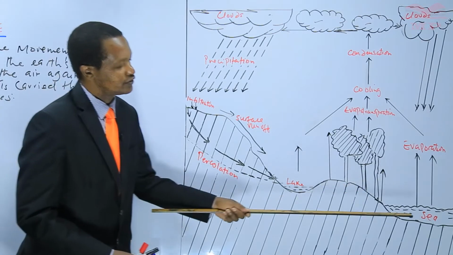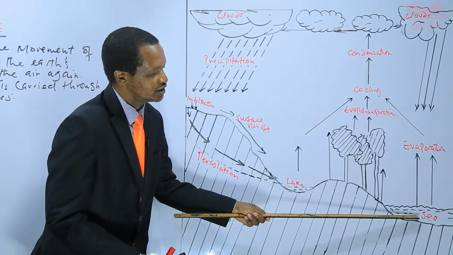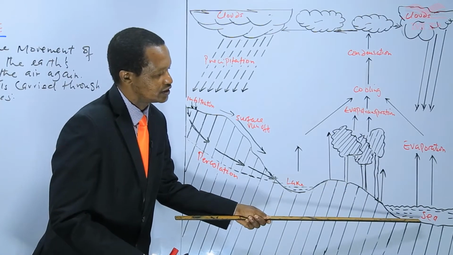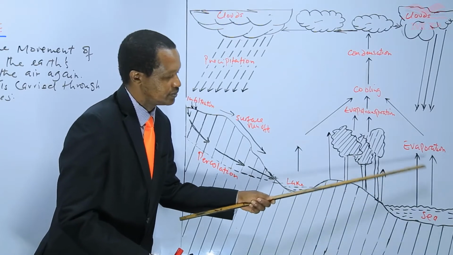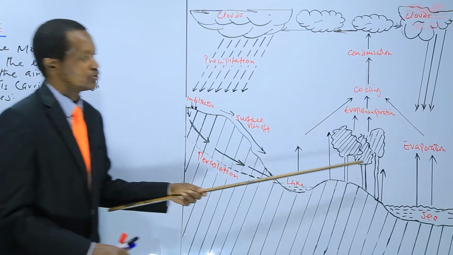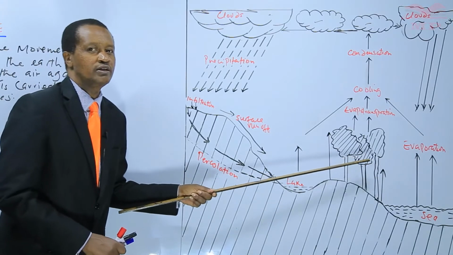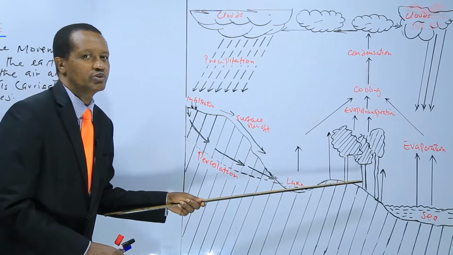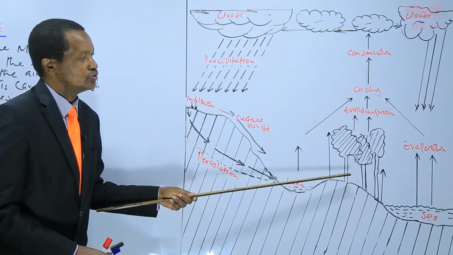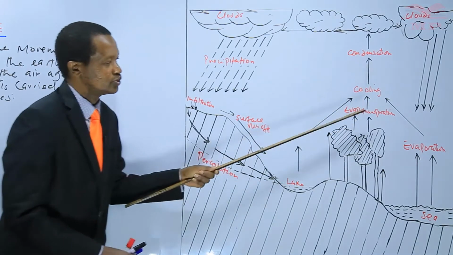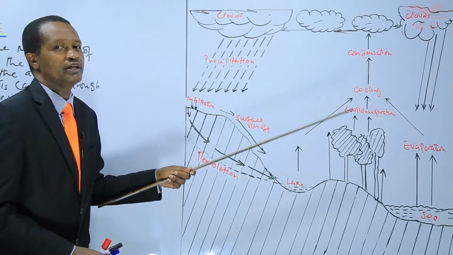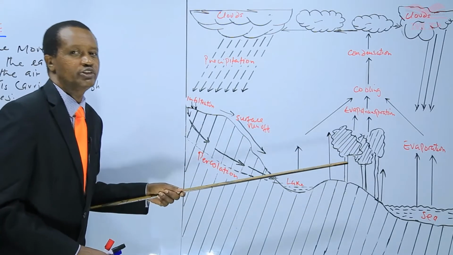Now, learners, apart from the water that is converted from liquid water to water vapor, there is also water that is changed into water vapor through the process we are calling transpiration.